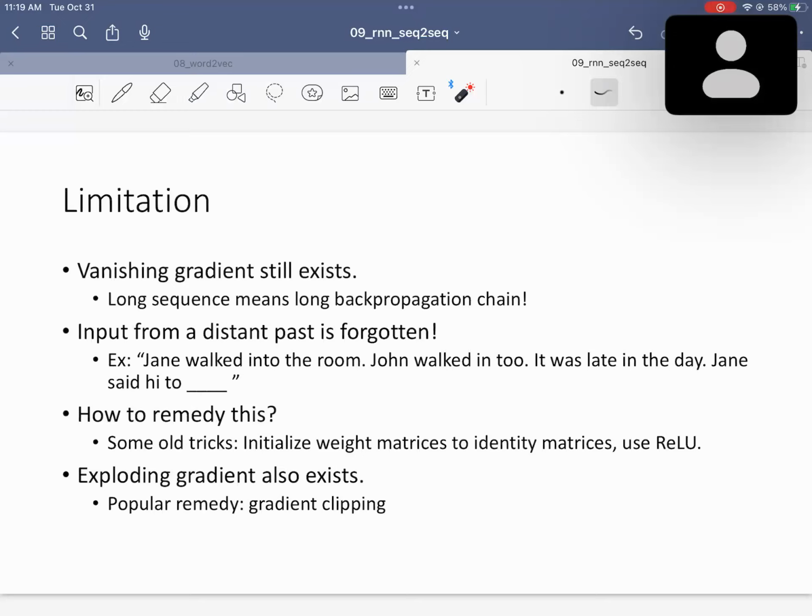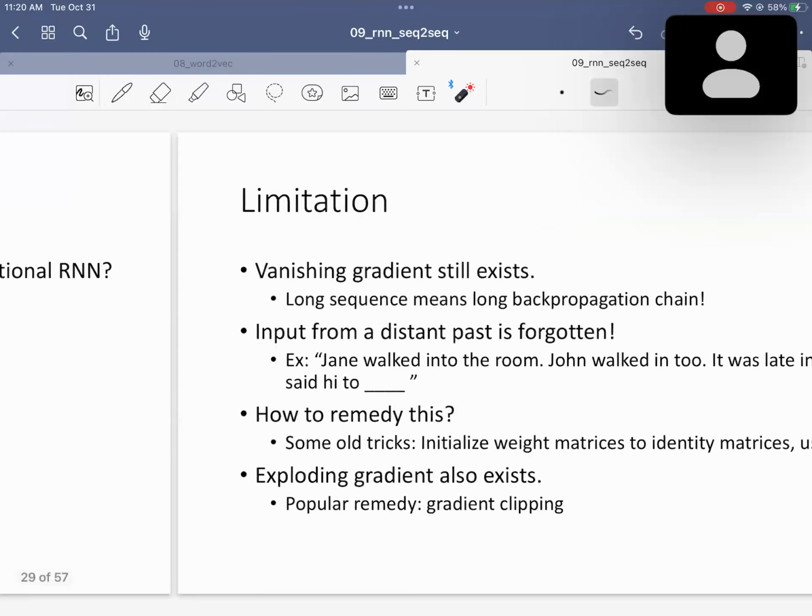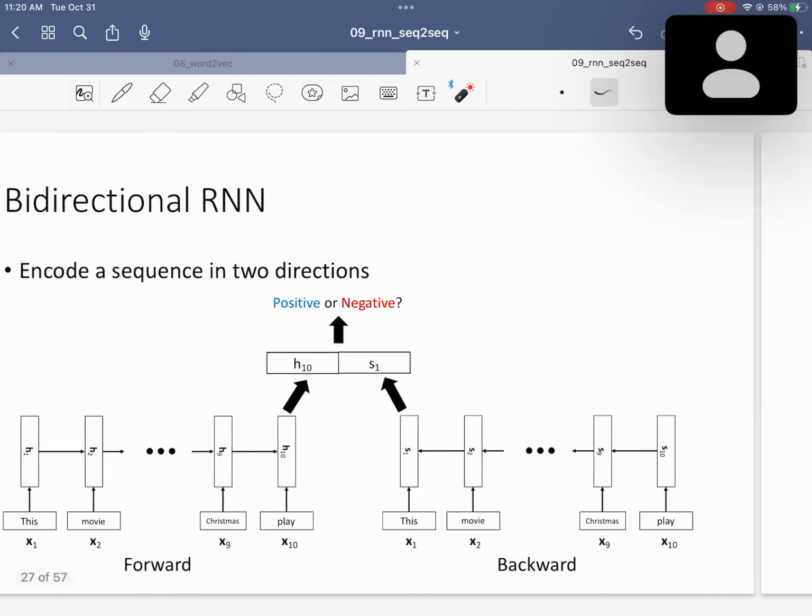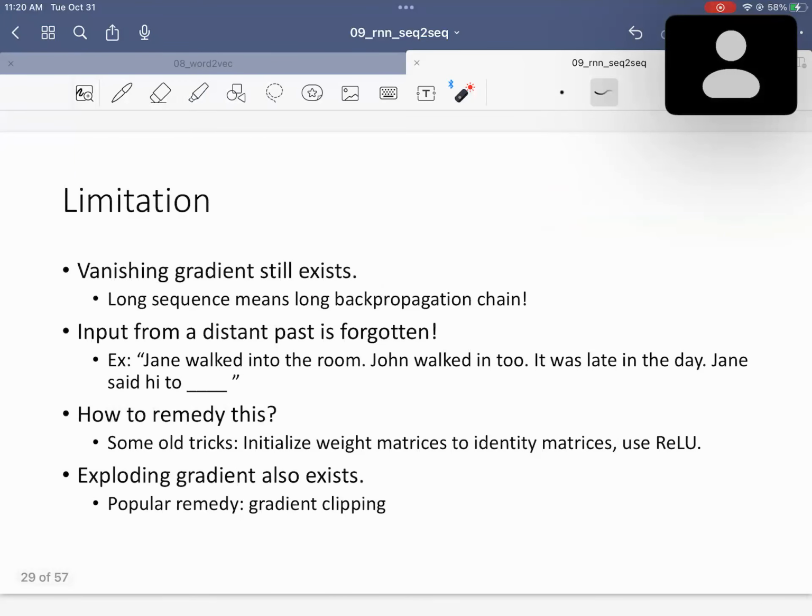The limitation of RNN is vanishing gradients. If you have a long sequence, as I said, H100 will not be able to remember H1. That's why we use bidirectional RNN. Even bidirectional RNN is not a perfect solution, and input from the distant past is forgotten.